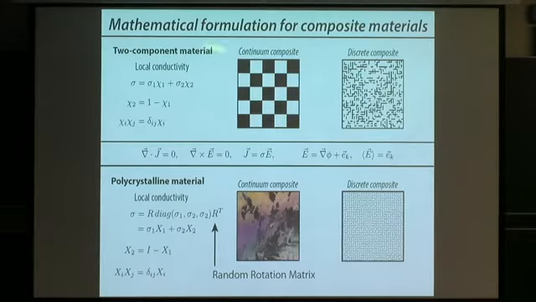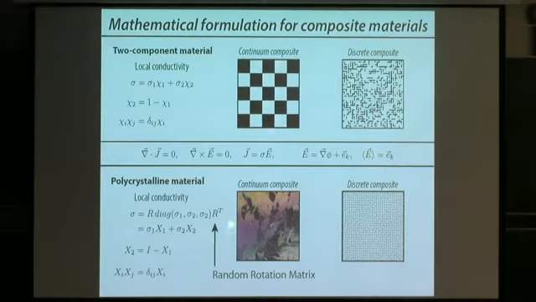So here's the traditional two-phase formulation where these characteristic functions sum to one. That's one in the brine, 0 in the ice, 1 in the ice, 0 in the brine, and they satisfy this Kronecker delta property. And here are the basic equations.